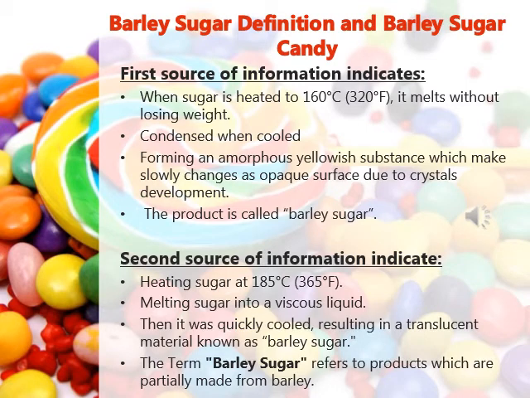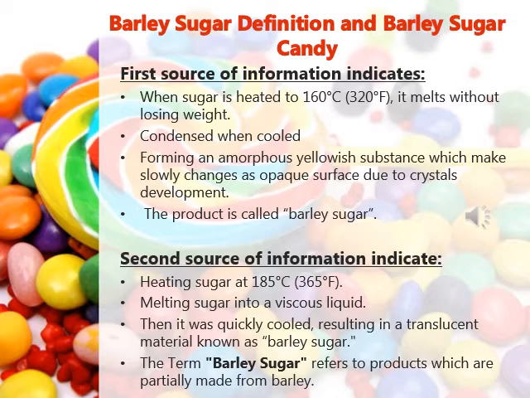First source of information indicates when sugar is heated to 160 Celsius, 320 Fahrenheit, it melts without losing weight. Condensed when cooled, it forms an amorphous yellowish substance which may slowly change to an opaque surface due to crystal development. The product is called barley sugar.